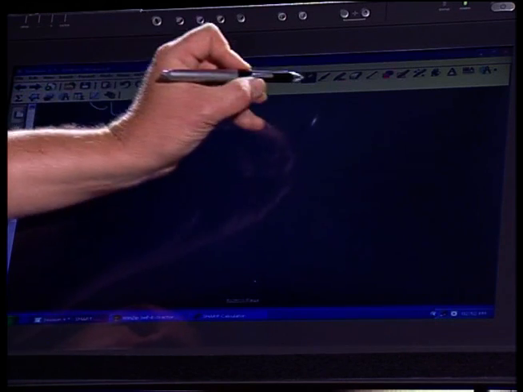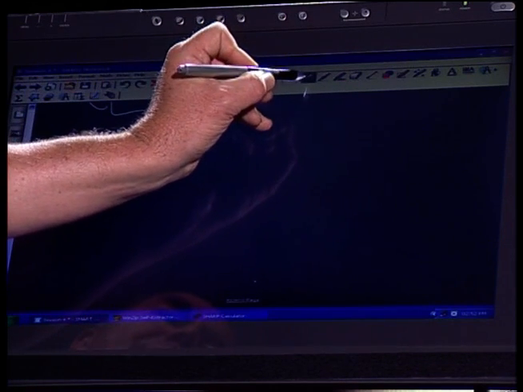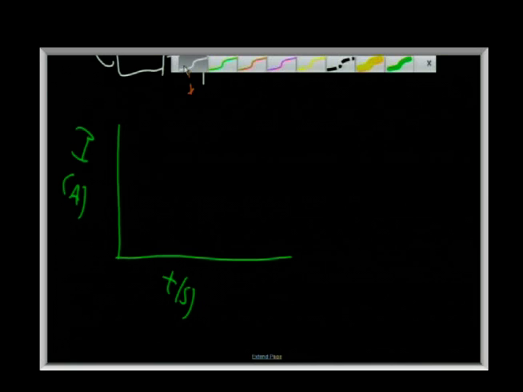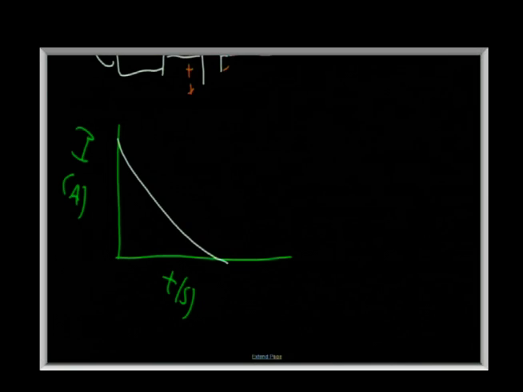So if I were to draw my current graph again, I'm just going to sketch it, might as well use that color. When it was charging, my current in amps and time in seconds looked something like this, decreasing to zero.